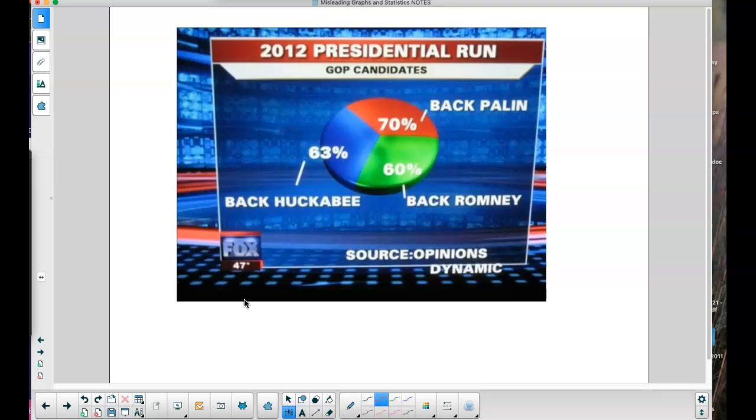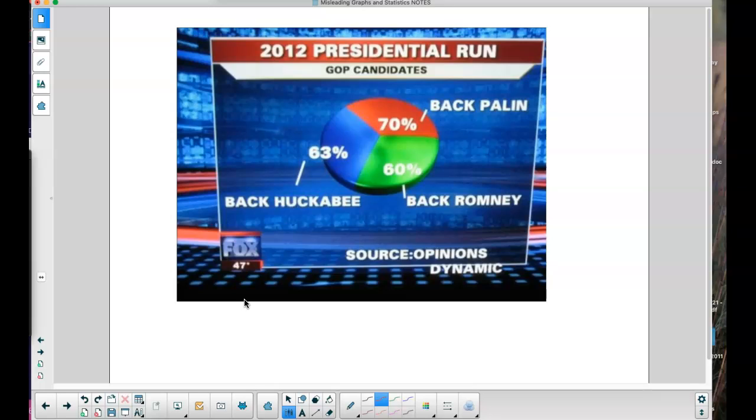And then I love the source. The source is opinions. Good, I'm glad you're reporting on opinions. It's very accurate data. No, it's not. So always pay attention to where the source is coming from. Dynamic opinions, good. Probably not accurate, okay?